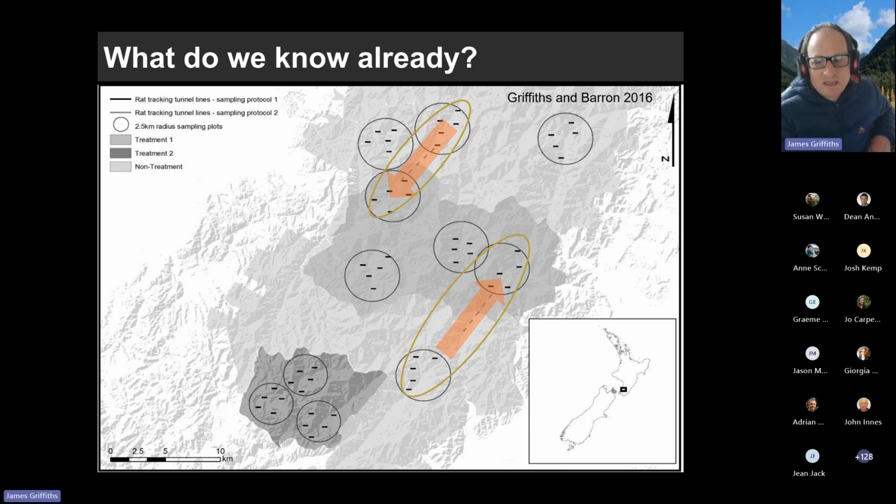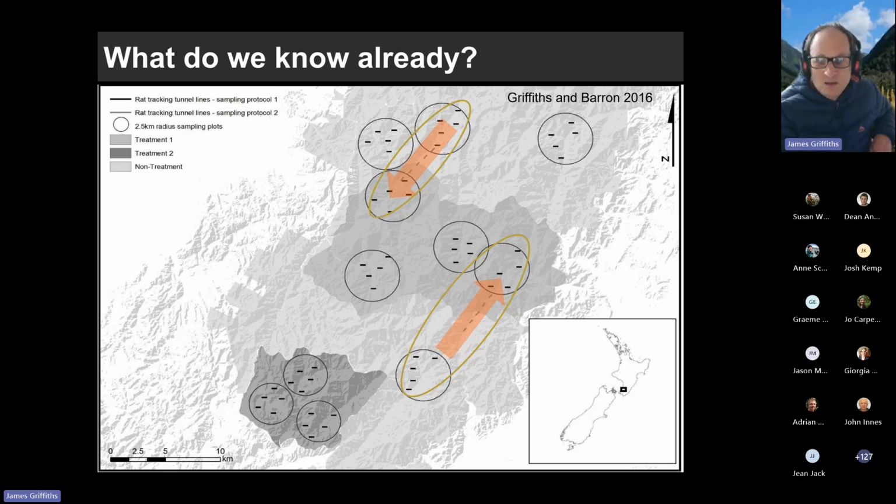And we found the model that best explains that pattern of tracking rate change after 1080 was applied was a simple model that included time since treatment as an interaction with straight line distance. But the study didn't contemplate, or wasn't able to measure directly, the impact that barriers might have played, because we didn't have a method for doing that.